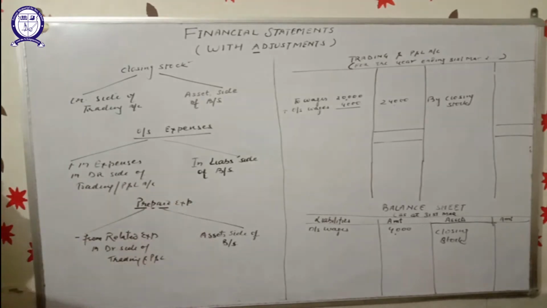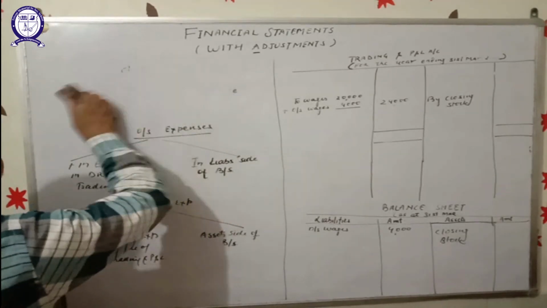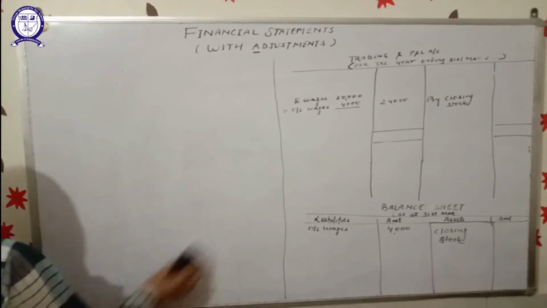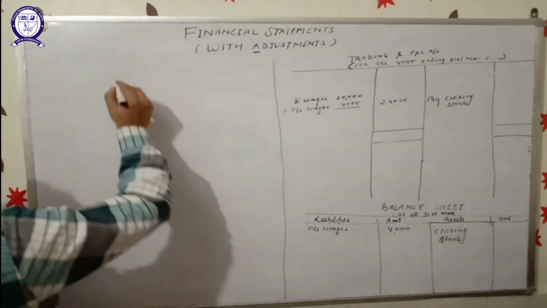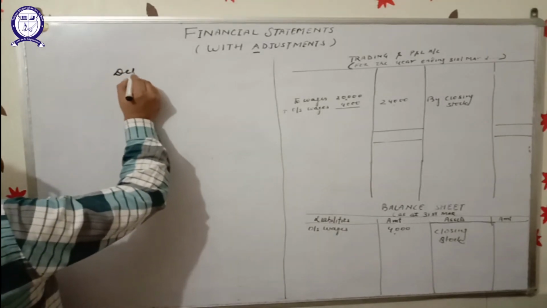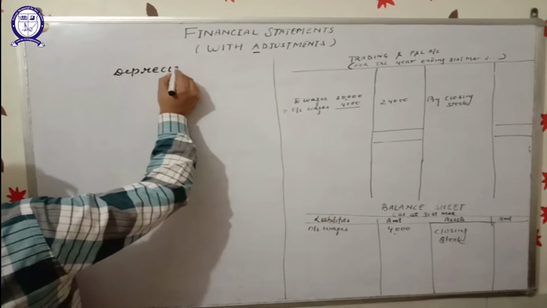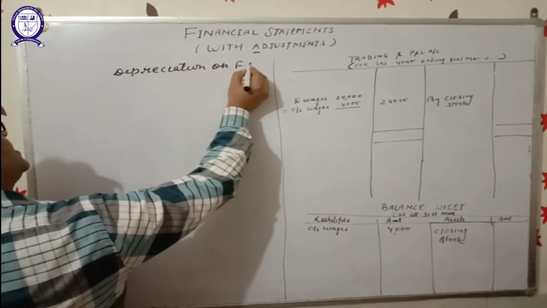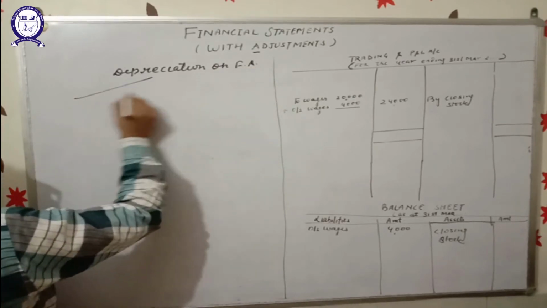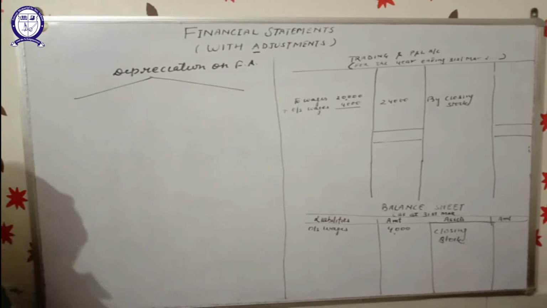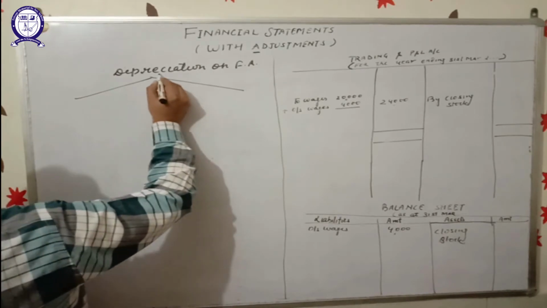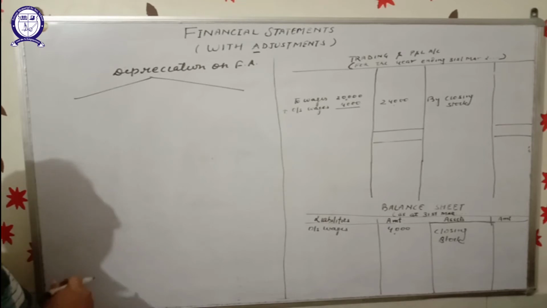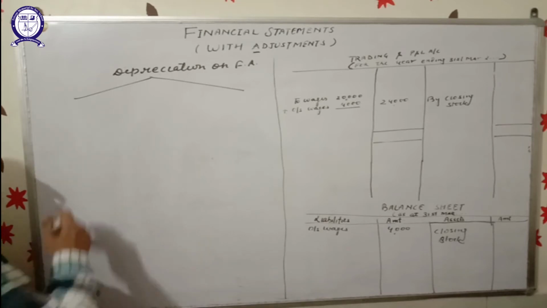Now the fourth adjustment is depreciation on fixed assets. Depreciation means fall in the value of fixed assets, decrease in the value of fixed assets due to any reason.